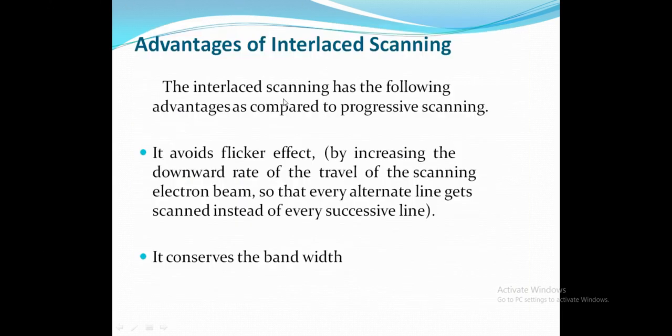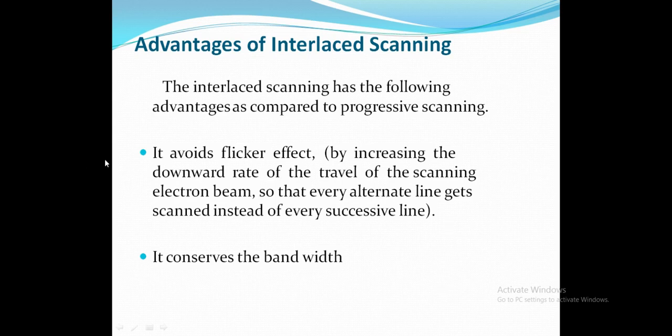So coming to the advantages of interlaced scanning. Here the interlaced scanning has the following advantages as compared to progressive scanning. So here we avoid the flicker effect by increasing the downward rate of travel of the scanning electron beam, so that every alternate line gets scanned instead of every successive line.